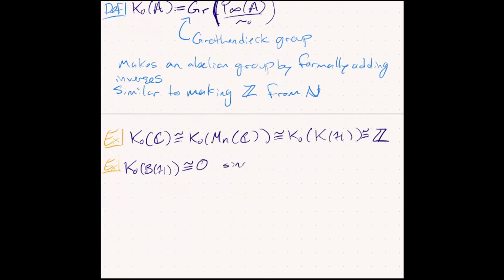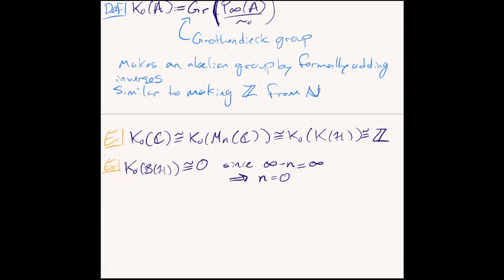The way you think about that is if I take the class of infinity and subtract off any finite element, I'm still going to have infinity, which means any number just acts like 0. So all of the numbers behave like 0 in this group. So the K0 group of B of H is trivial.